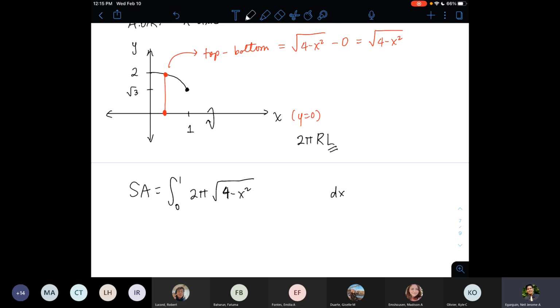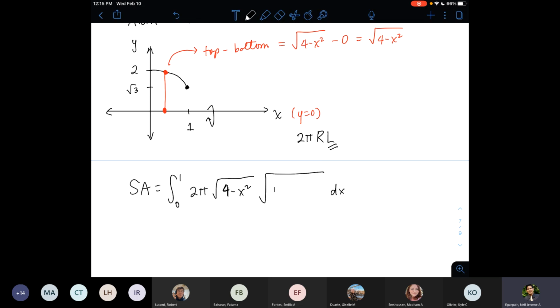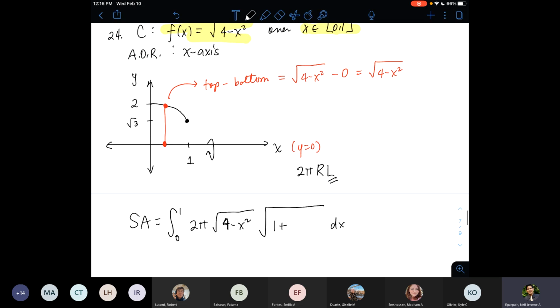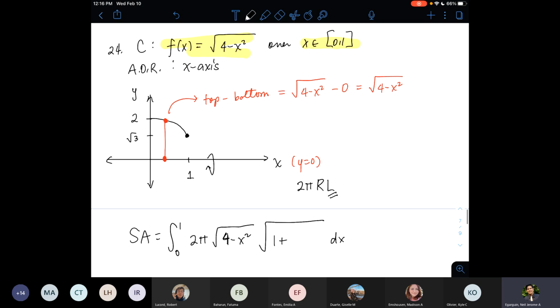So that means here, I'll have a square root of 1 plus the derivative squared. Now the function is 4 minus x squared to the 1/2. If I solve for the derivative, I'll get 1/2, 4 minus x squared to the negative 1/2. Then the chain rule kicks in, negative 2x. So again, you need to remember how to differentiate properly. Take note of when to use the quotient rule. Usually that is what students miss.